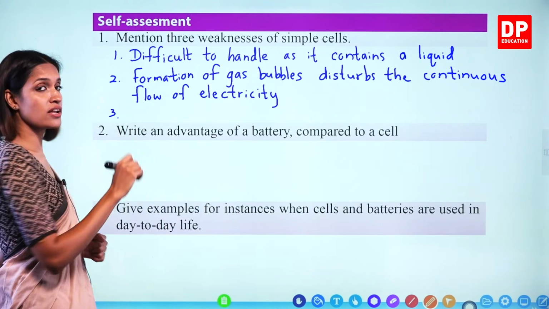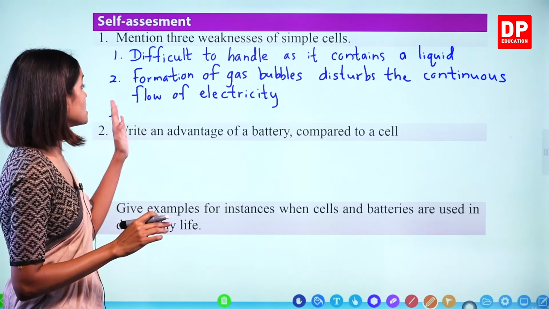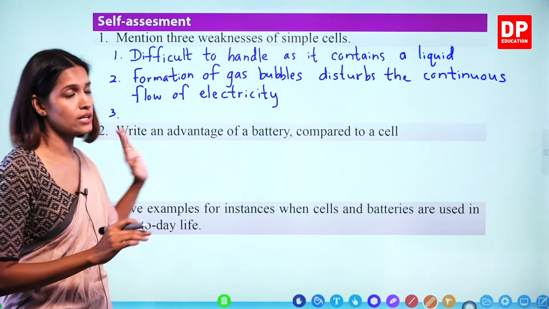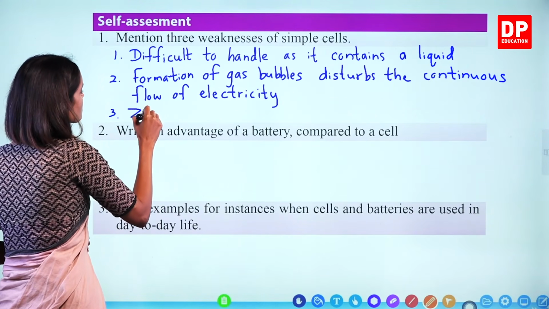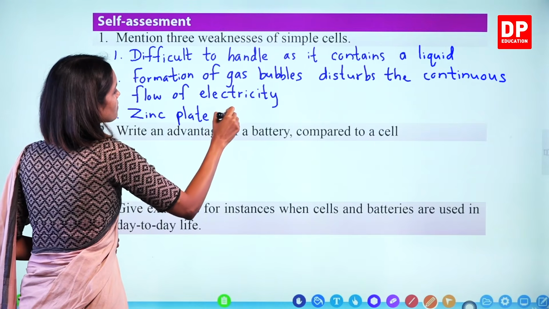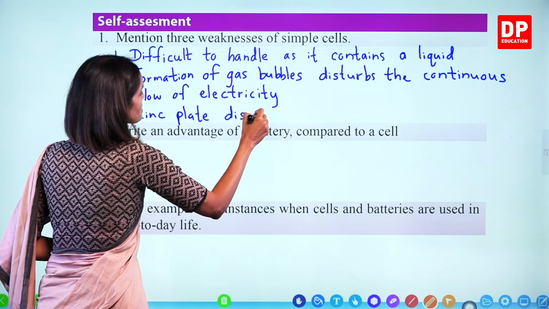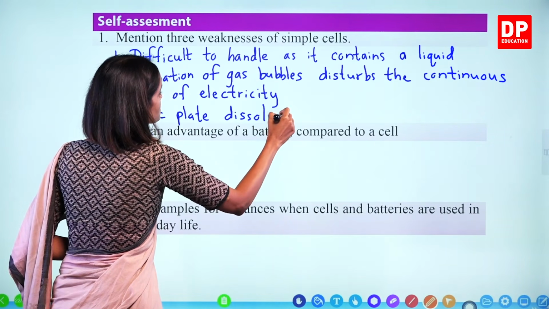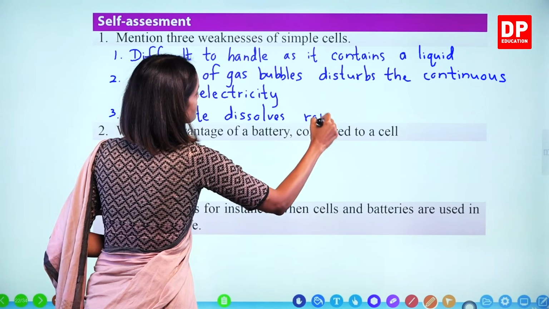What is the third one? I mentioned that zinc plate dissolves rapidly. Zinc plate dissolves rapidly.